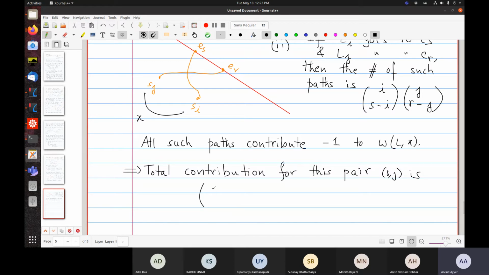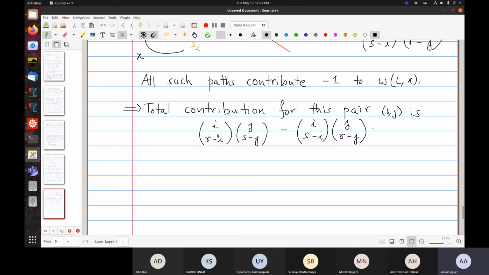Is I choose r minus I, j choose s minus j, minus I choose s minus I, j choose r minus j. We have assumed I is less than j, and it may not be immediately obvious to you, but you should be able to convince yourself that this fellow is non-negative if r is less than j, right? Which is what we have assumed. I is less than j, r is less.